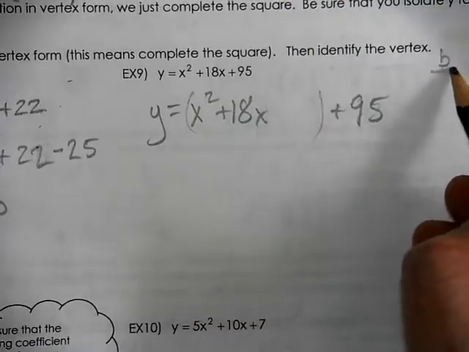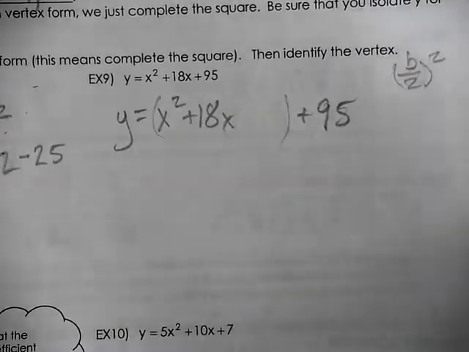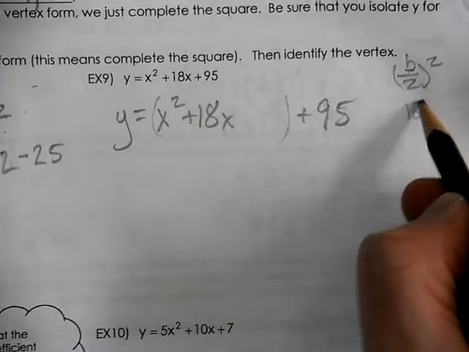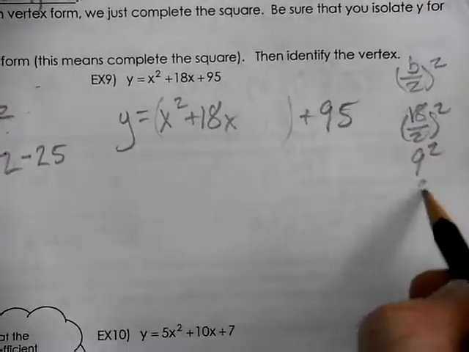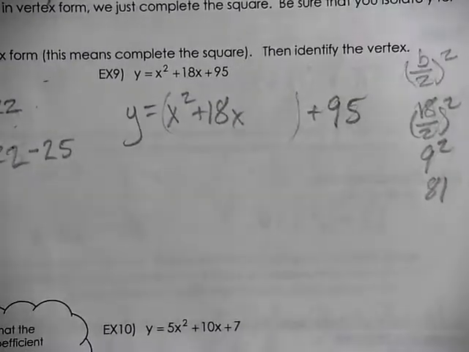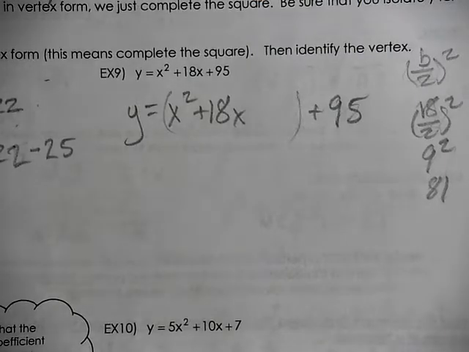We're going to take our b term divided by 2 and square it. That's our 18 divided by 2 and square it. That's 81.